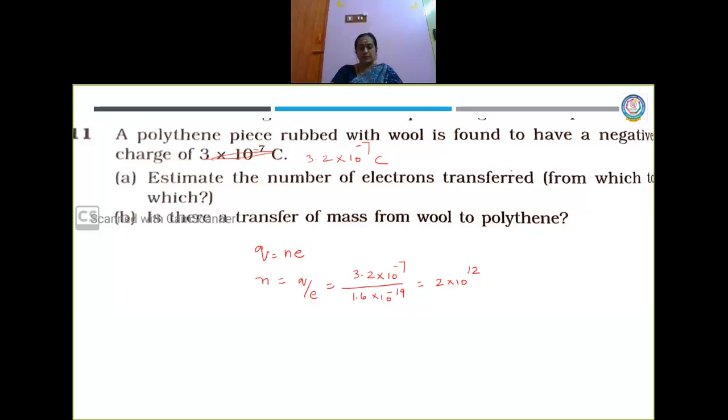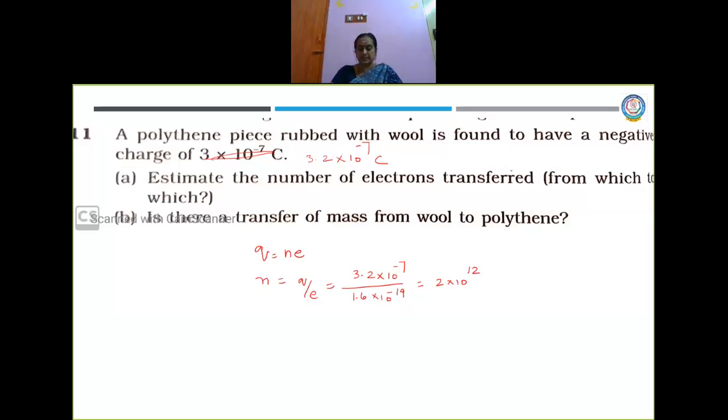Electrons are considered to be negative charge. So the material said to possess the negative charge here is polythene. When you rub polythene with wool, polythene is said to acquire negative charge. So we have to write a statement.